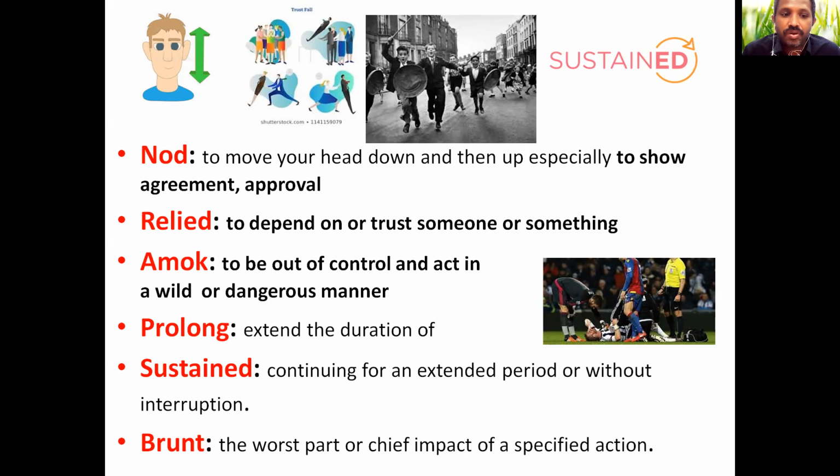Prolonged means you have increased the duration of the activity. Here, prolonged is used to describe a prolonged immune response, prolonged protection. If you take one or two doses, you get the immune response, that's prolonged. So you get long-term protection. That's what prolonged is.